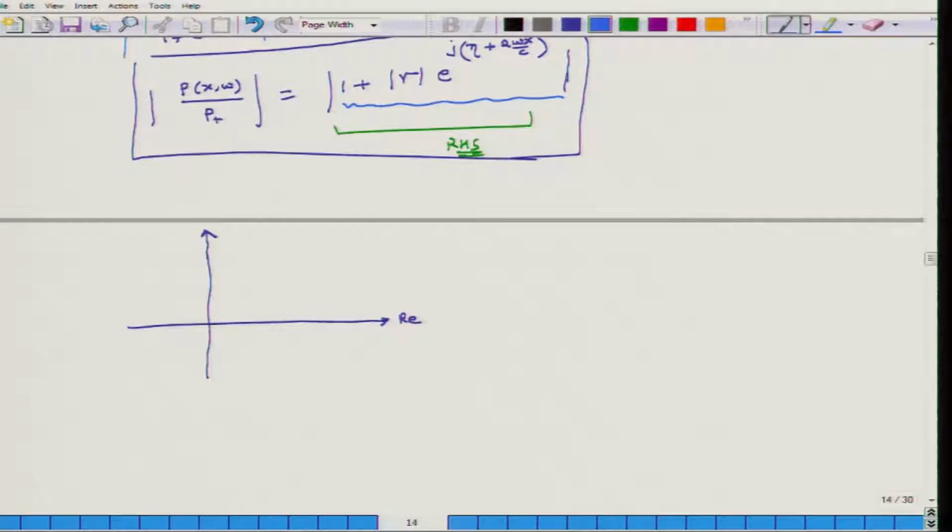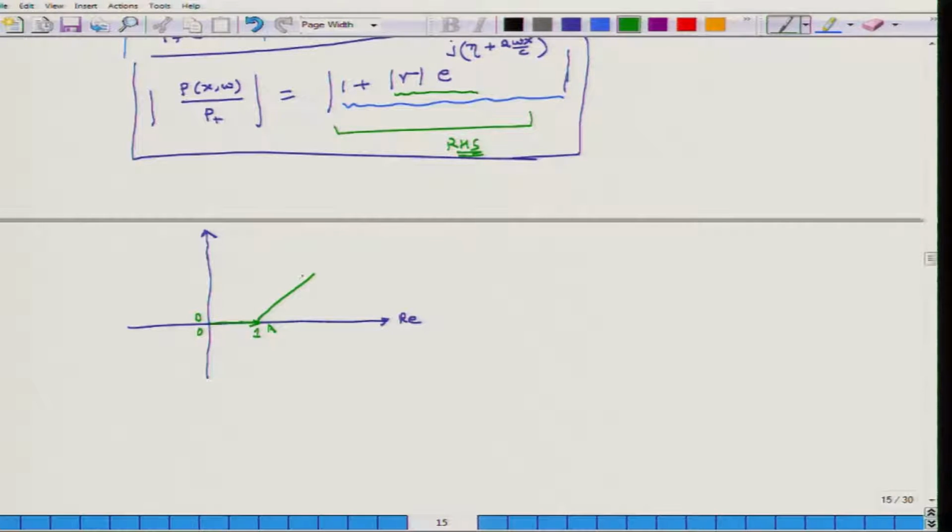So, the first component is 1. So, let us say this is 1, this is 0. So, this is O and this is A. Then the second term has an amplitude of gamma, and it is at some angle, and the angle is eta plus 2 omega x over c.